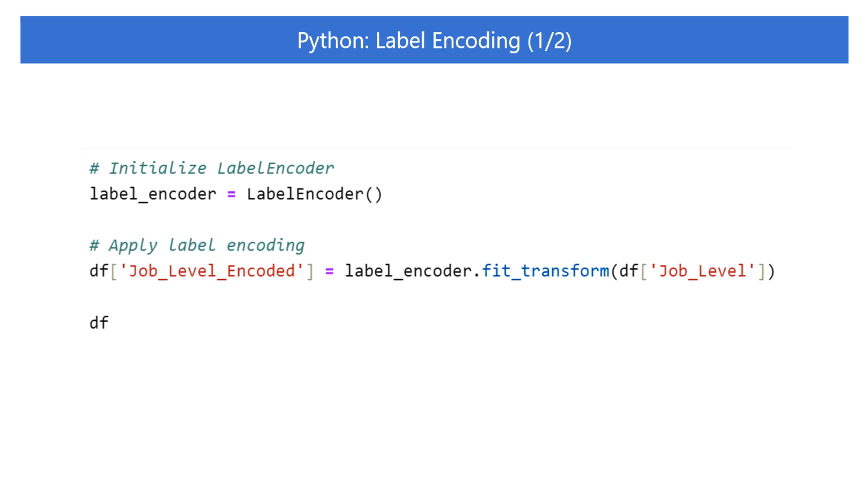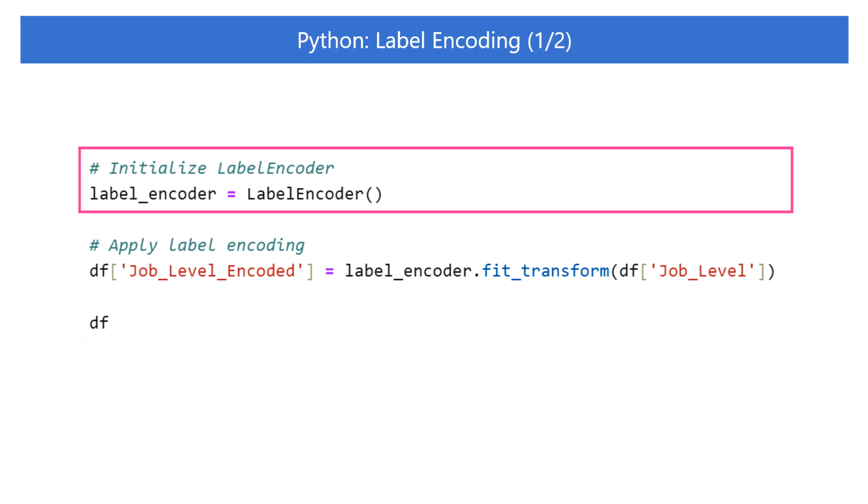Next, let's apply label encoding to the same dataset. We already imported LabelEncoder from sklearn.preprocessing. First, create an instance of LabelEncoder, which will be used to transform categorical values into numerical labels.